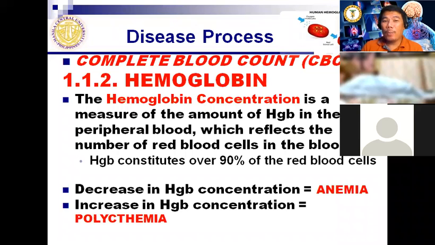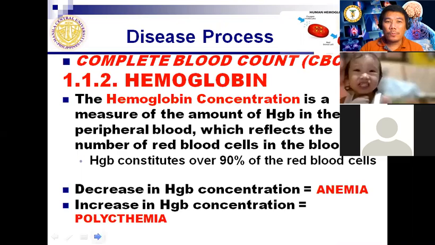The increase in hemoglobin, the interpretation is polycythemia. However, as I have told you, a decrease in the hemoglobin concentration is simply generalized as anemia. How can we determine the specific anemia? That will be determined according to the mean corpuscular volume.